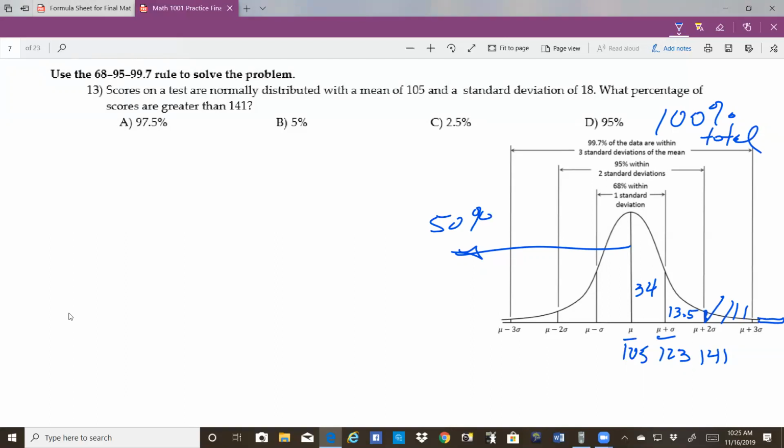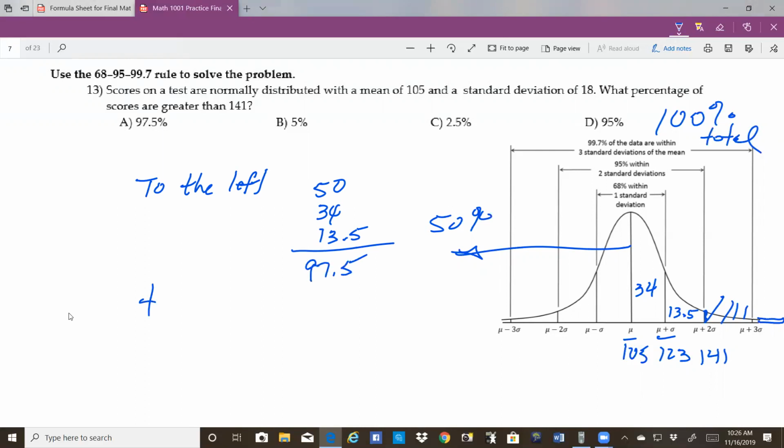So to the left, we have 50, 34, and 13.5, which is a total of 97.5.